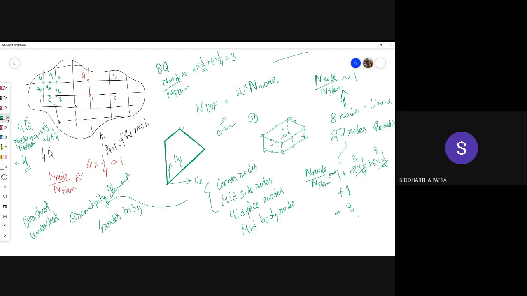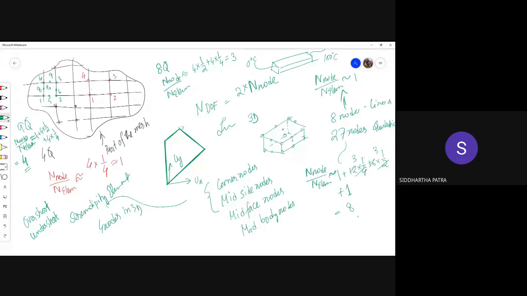Imagine you have a block. On the left side you have applied a temperature of 0 degrees Celsius, and on this side you have applied 100 degrees Celsius. So the temperature everywhere in between should be between 0 and 100 degrees Celsius. Overshoot and undershoot may happen. Now this only happens for a very complicated problem when you have multiple layers of material and all. But this only happens if you use serendipity elements.